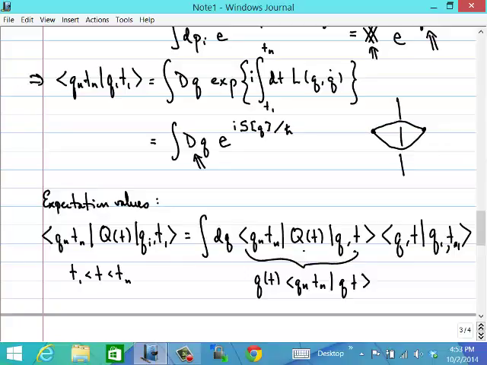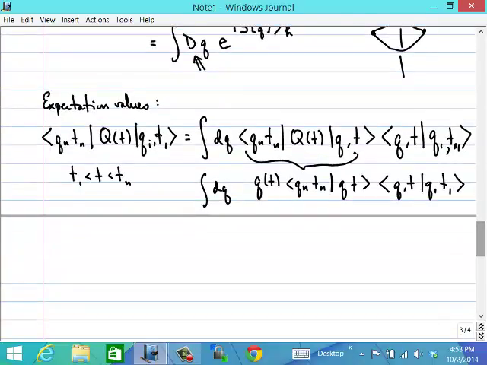Okay, so what's going on here? We see that all that happens when you want to compute an expectation value is you get an integral: you get the amplitude to go from q1 at time t1 up to q at t, and then q at t up to qn at time tn, and then you integrate dq.